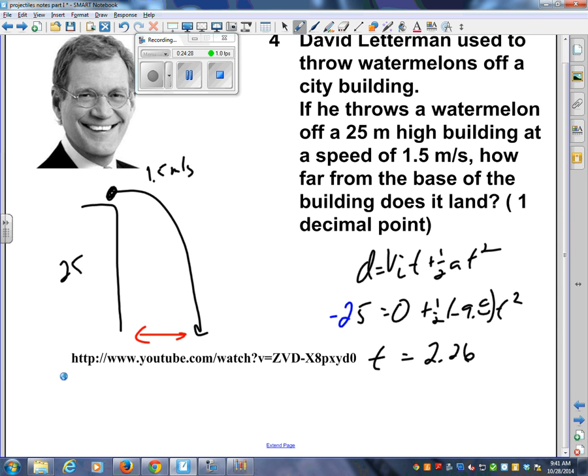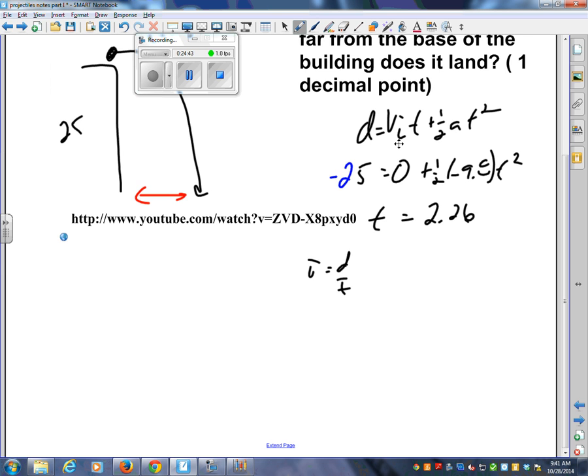Got that? Okay. And then how far from the base of the building? The next step is really just v bar equals d over t, I think. What was the horizontal velocity? 1.5.